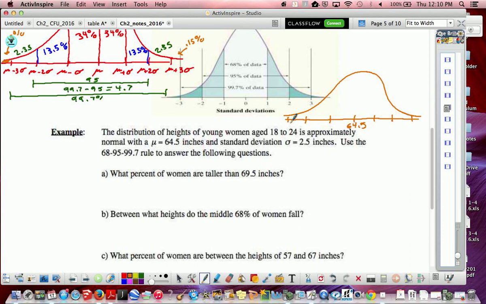So to get the next score to the right, what am I going to add? Our standard deviation, 2.5. So this will now be at 67, 69.5, 72. Going the other direction, 62, 59.5, 57.